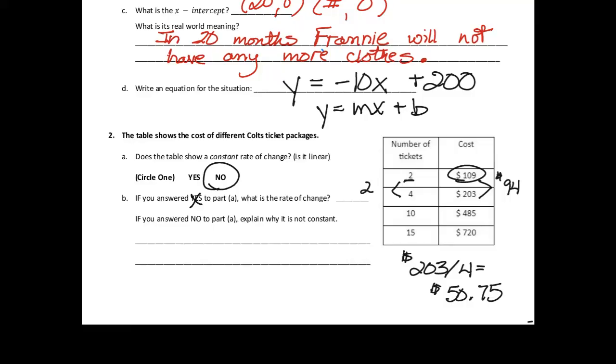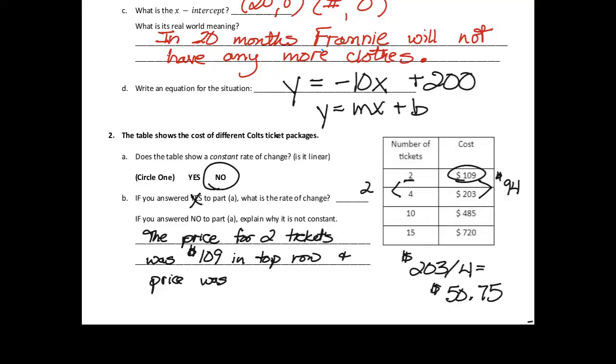You could say the price for 2 tickets was $109 in the top row, and price was $50.75.